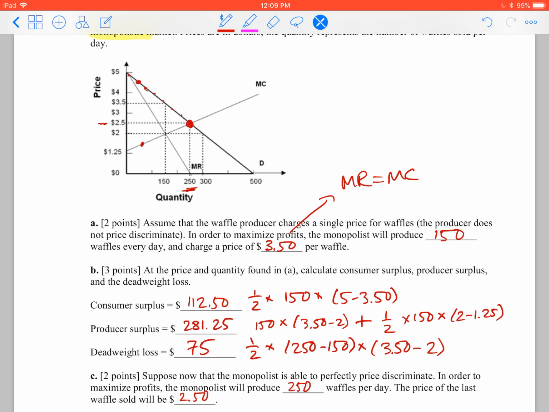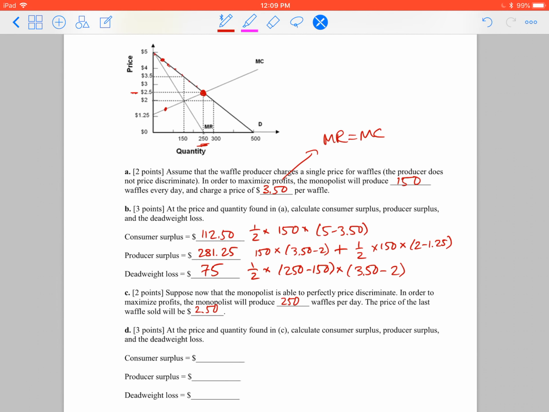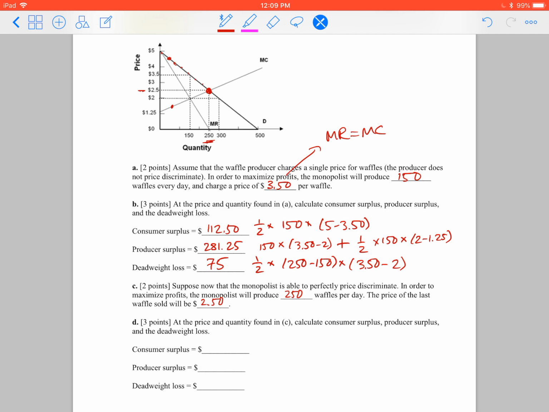Okay, so now calculate consumer surplus, producer surplus, and the deadweight loss, assuming this perfect price discrimination. So first of all, consumer surplus is 0. There is no calculation to be made there because everybody is paying their highest willingness to pay. So there's no gap in between the demand curve and the price that they pay.